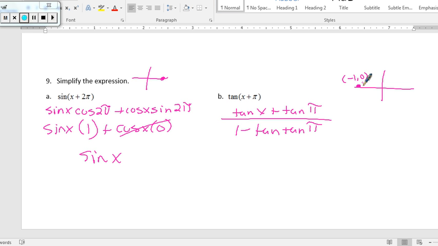And again, tangent's y over x, so it's going to be just 0 here. So it's going to get you tan x plus 0 over 1 minus tan x times 0. So that will go away, and we simplify to tan x.